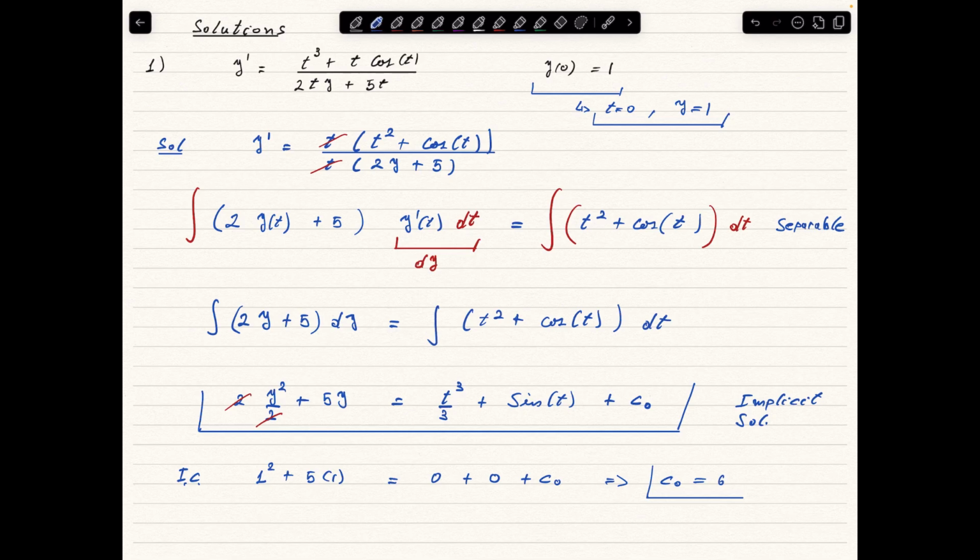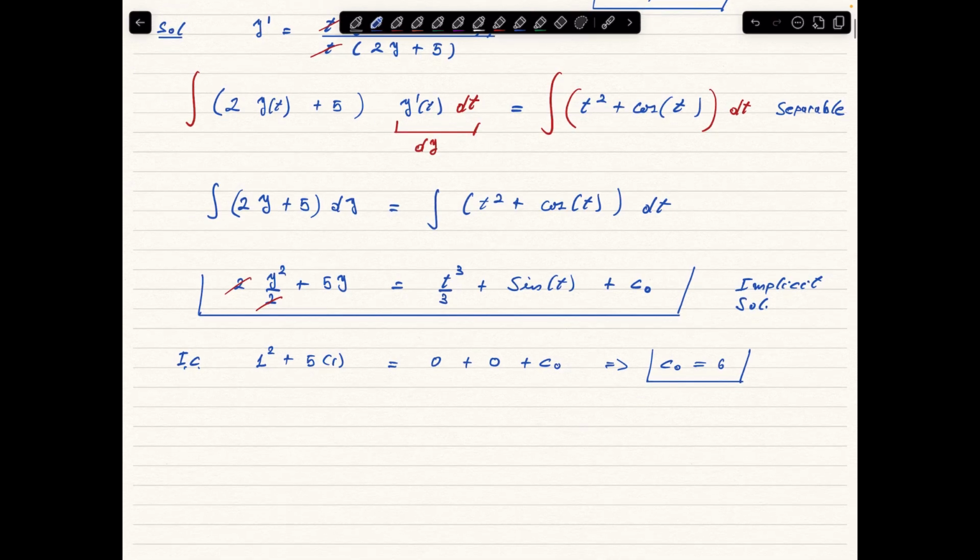So this is the simplest way to find the integration constant. And now the implicit form of the solution is y squared of t plus 5y of t is equal to t cubed over 3 plus sine of t plus 6. Okay, that is our solution.